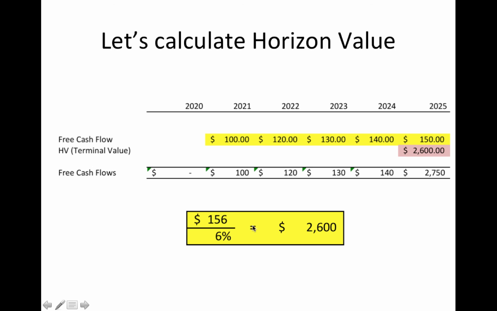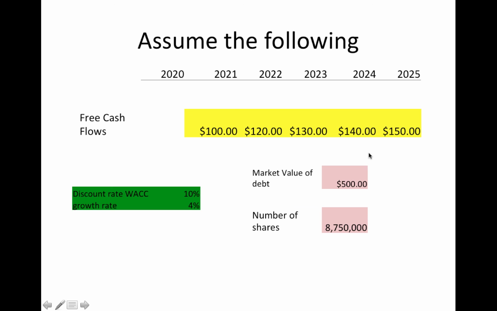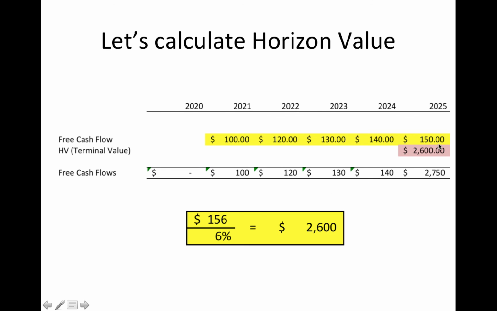Horizon value comes from where? 156, which is going to be the dividend of 2026, growing at 4%. 150 times 1.04 equals 156, divided by 6%, which is what? 10 minus 4 equals 2.6.